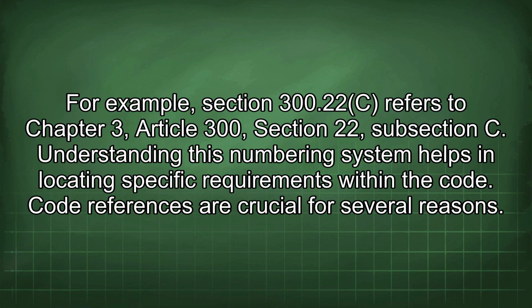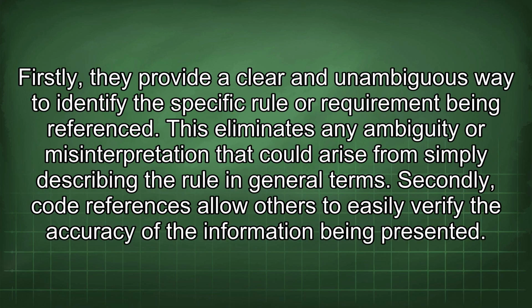Code references are crucial for several reasons. Firstly, they provide a clear and unambiguous way to identify the specific rule or requirement being referenced. This eliminates any ambiguity or misinterpretation that could arise from simply describing the rule in general terms. Secondly, code references allow others to easily verify the accuracy of the information being presented.